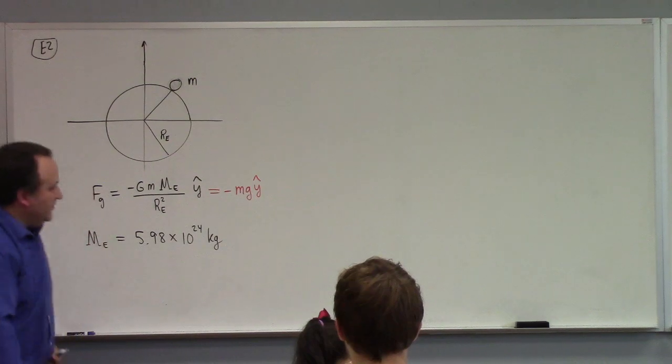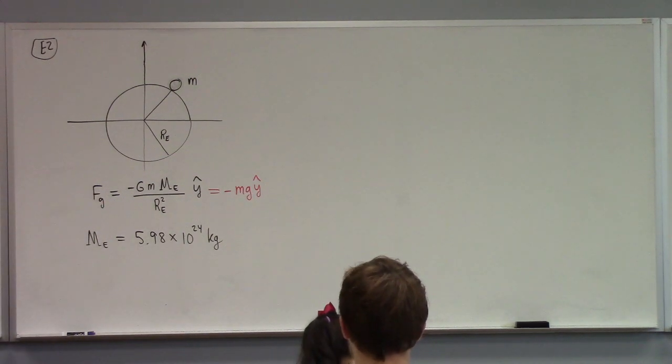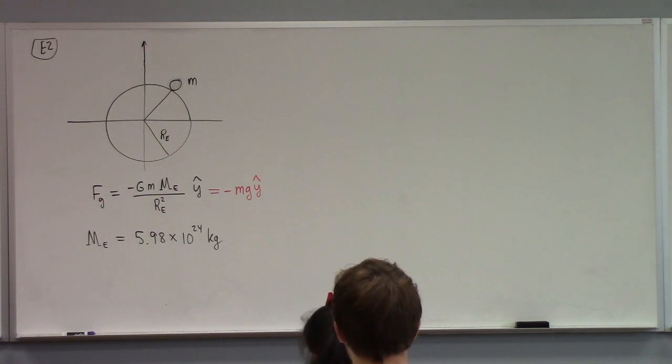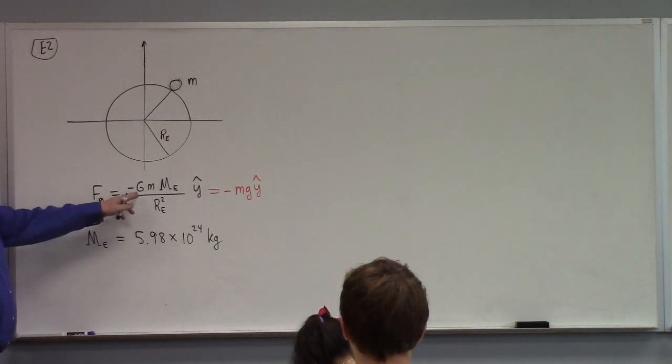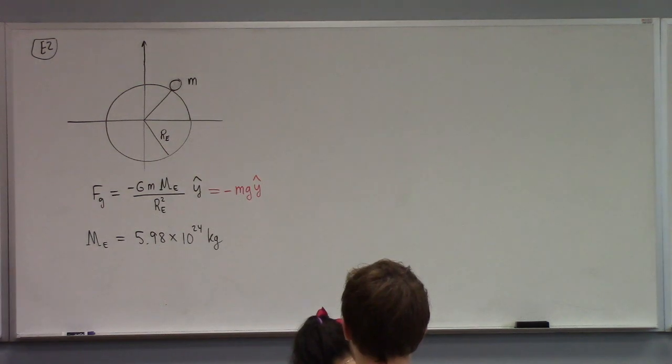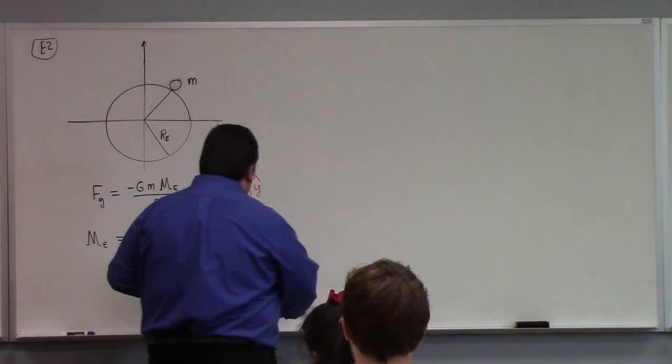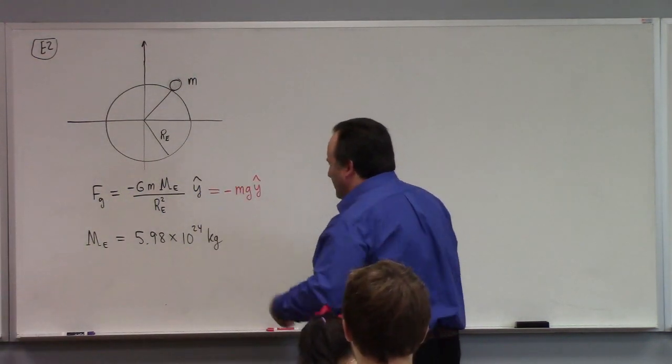So we know what little g is. If we know the mass of the Earth and we know the universal gravitational constant, we can estimate the radius of the Earth if we understand this formula. Let's work it out. What is the radius of the Earth, given what we know here?